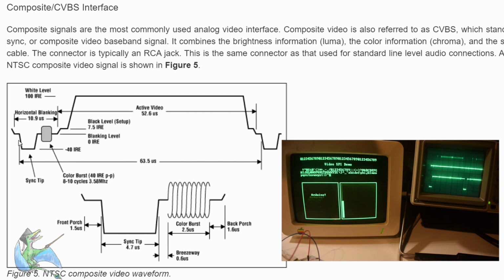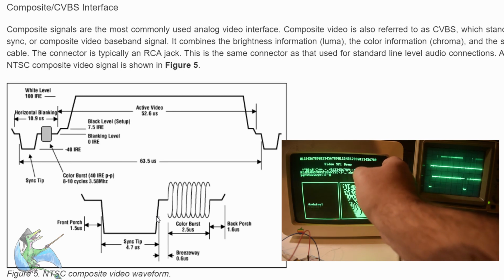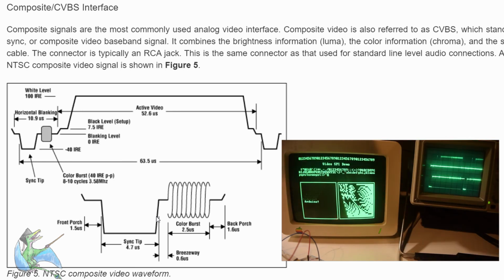The horizontal pulse is a drop below the black level, where it's held for 4.7 microseconds, and that signals the monitor to fling the electron beam from this side back over to this side.